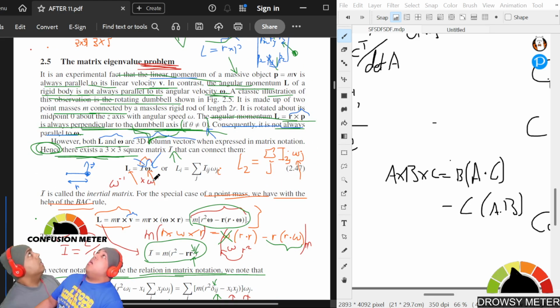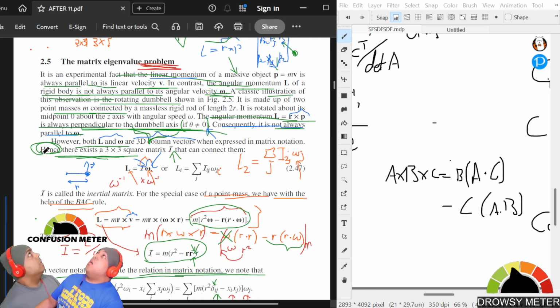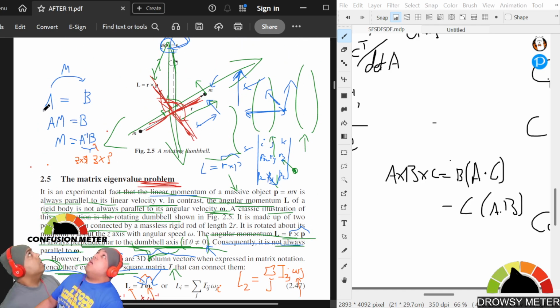In the last session I was like, hence there exists a 3 by 3 matrix. Why? I was asking, if we have two matrices A and B, is there always an M such that you can connect them like AM equal B? If you did that, you would arrive at this equation.